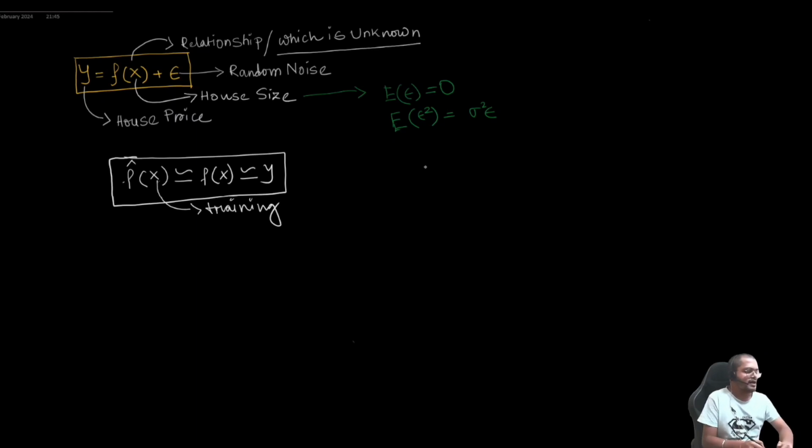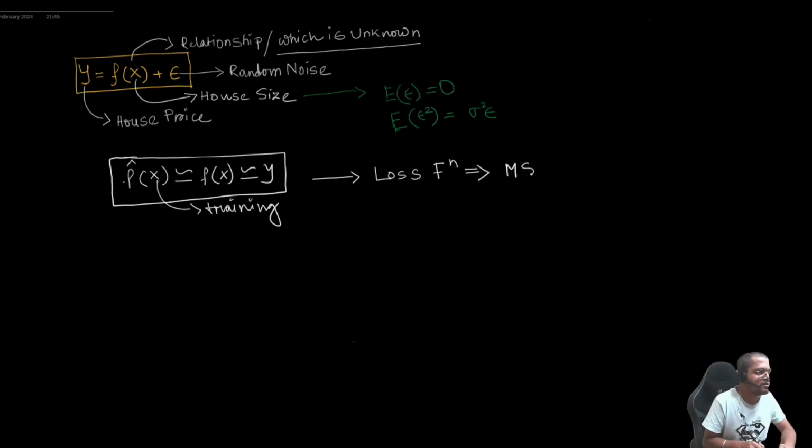While trying to find the relationship, we use a loss function, which I think everyone knows. As this is a regression problem, here the loss will be MSE, mean squared error.